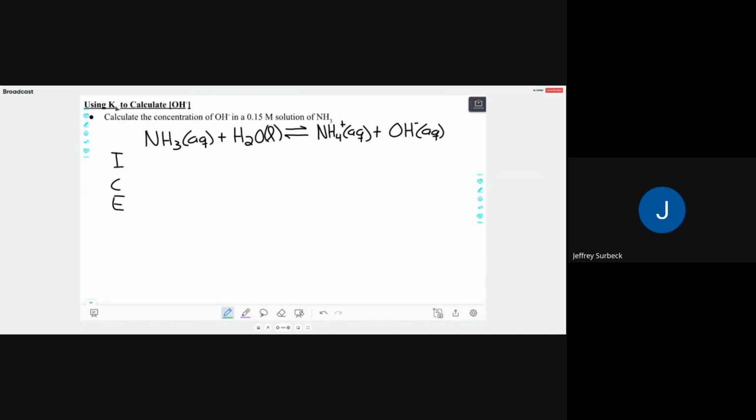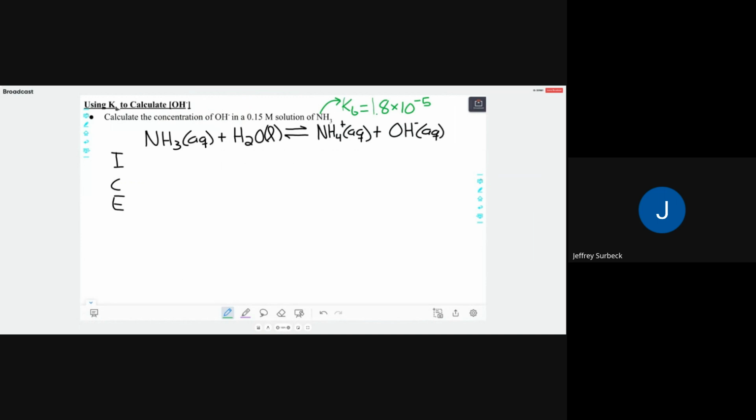But the Kb for NH3 is 1.8 times 10 to the negative fifth. Okay, so that's important as we go through and we solve this. So if I don't give the Kb or Ka value, it's on our given sheet.